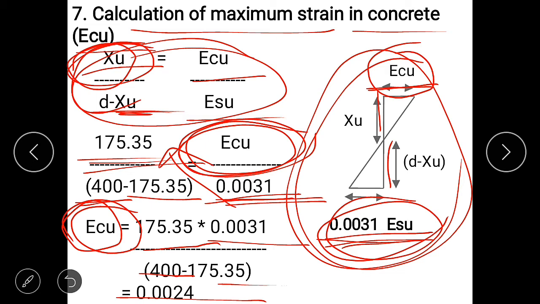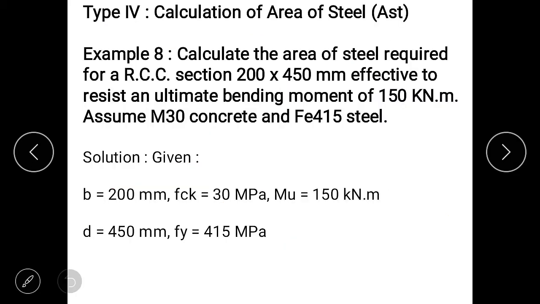So in this numerical we calculated maximum stress in steel and concrete and maximum strain in steel and concrete. Okay, now we solve another type, calculation of area of steel. In this type we have to find area of steel.